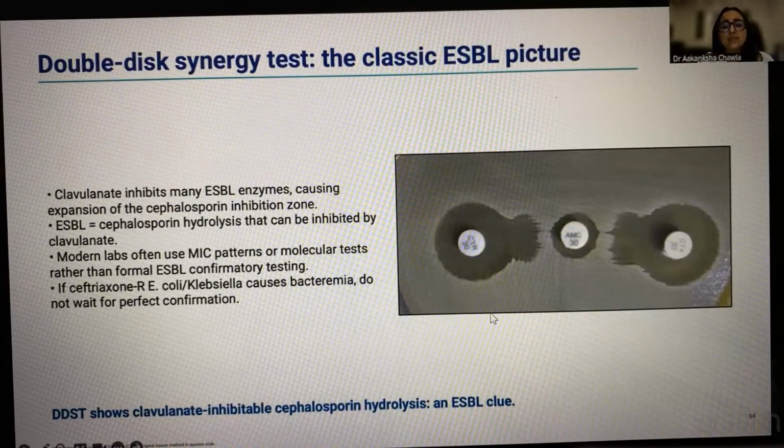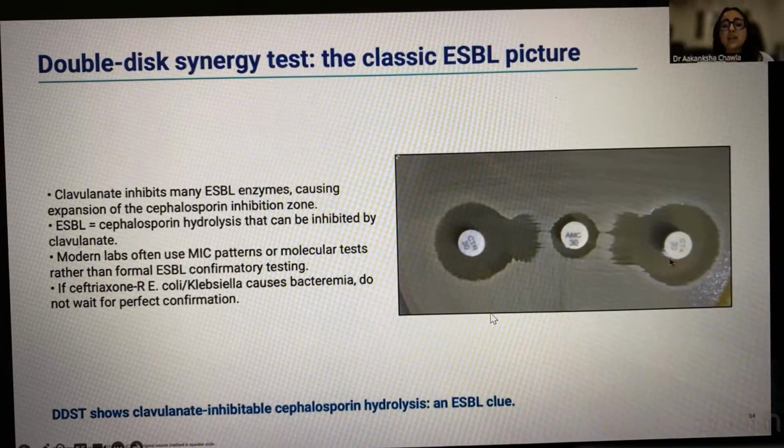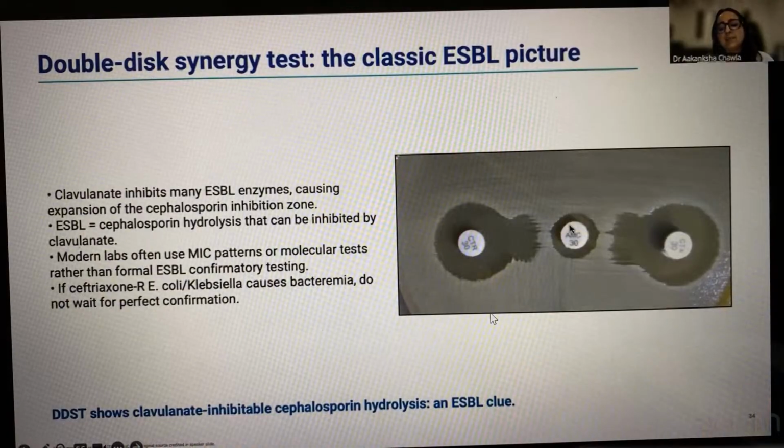If you look at these two large discs and one in the center, one has ceftazidime, the other has cefotaxime. ESBL would hydrolyze your third generation cephalosporins, and this disc contains clavulanate, which will inhibit the ESBL enzymes.